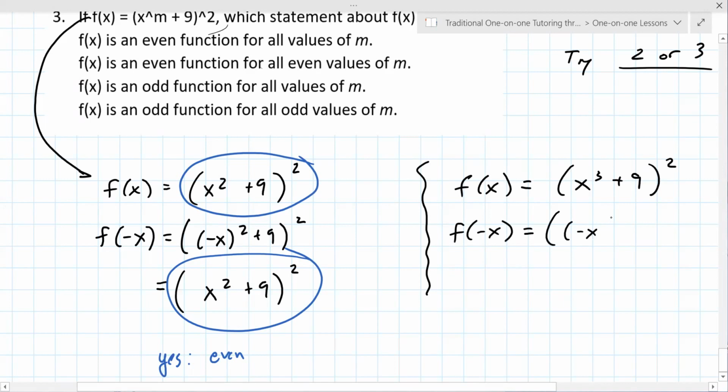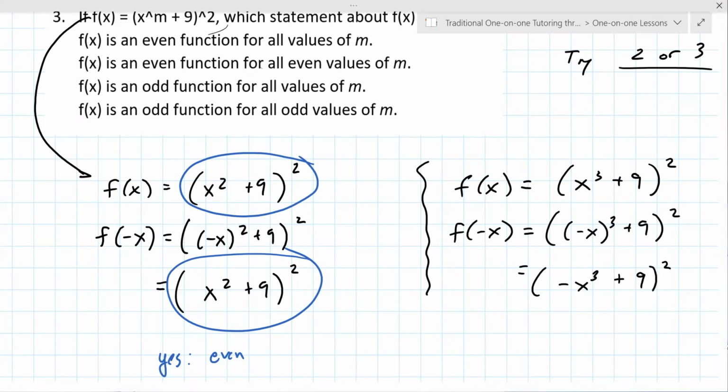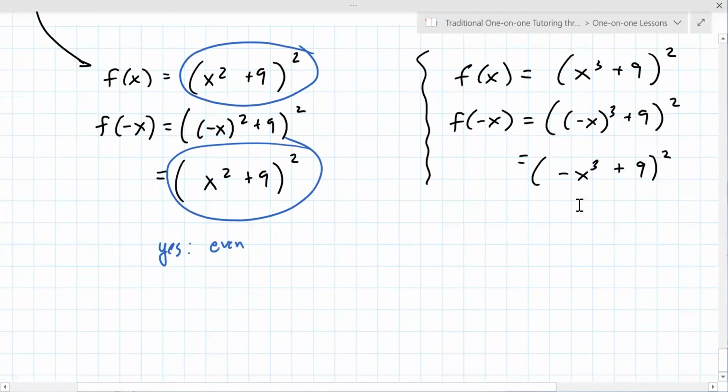It's parentheses negative x cubed plus 9 squared, and then this becomes negative x cubed plus 9 squared. What was the next step after this? We factored the negative. That's right.